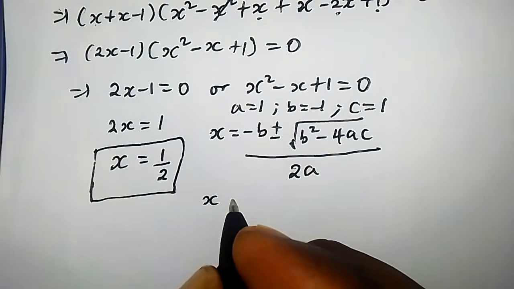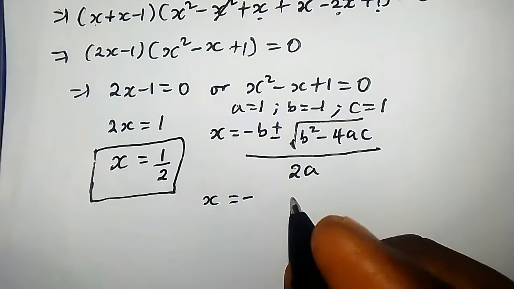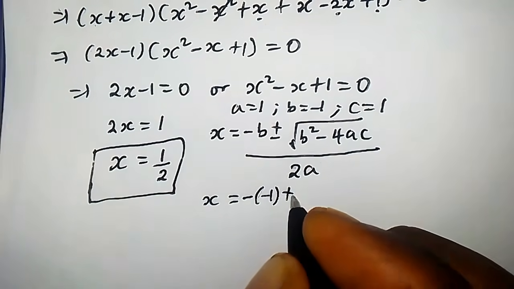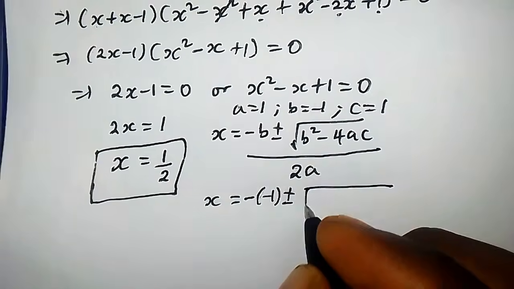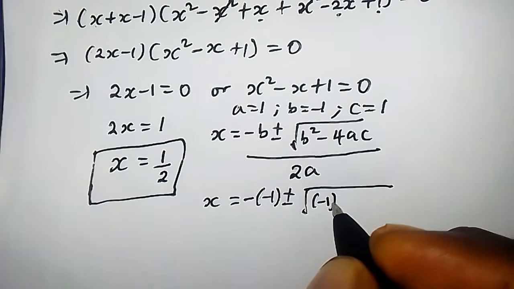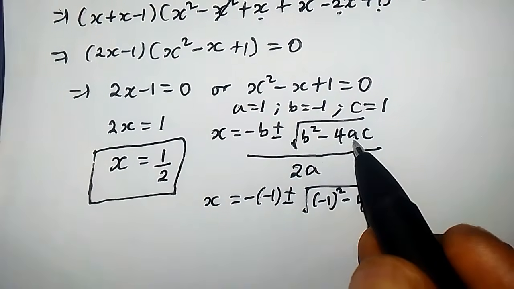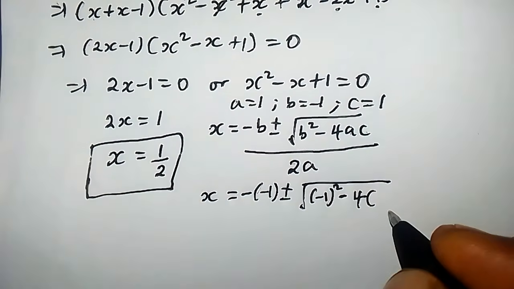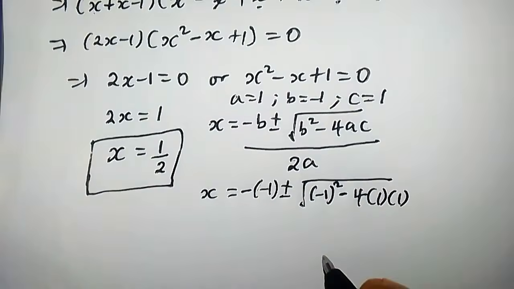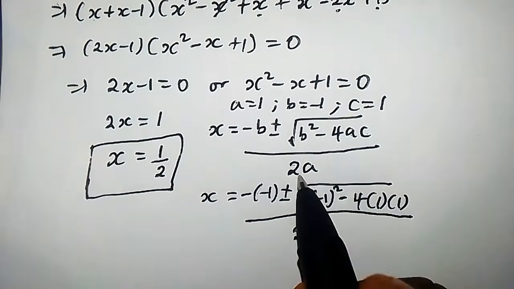So, x is equal to minus, what is b? b is minus 1, so minus minus 1, plus or minus square root of b square, that will be (minus 1) all squared, minus 4 times a, which is 1, times c, which is 1, all divided by 2 times the value of a, which is 1.